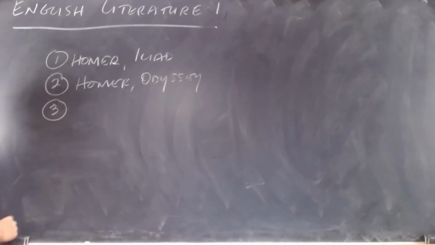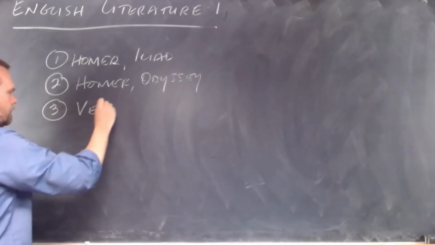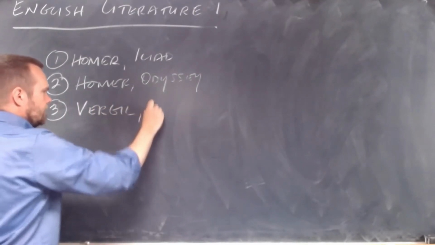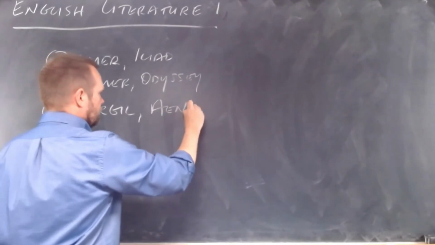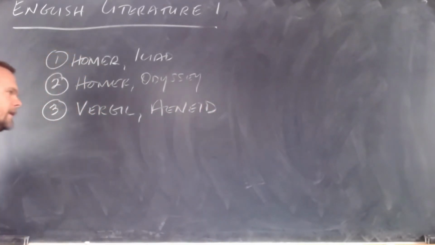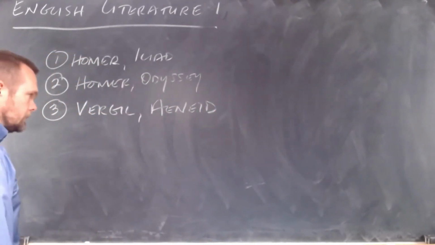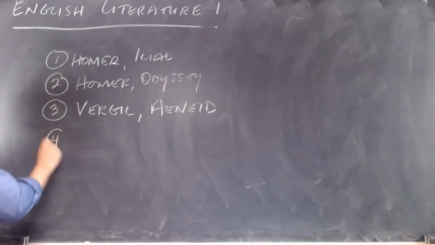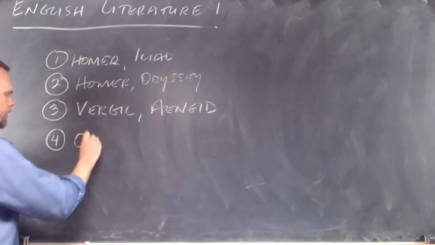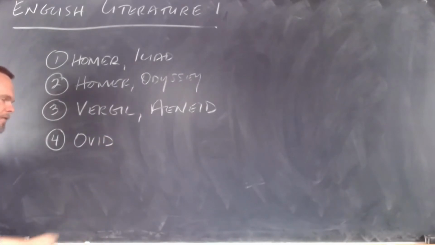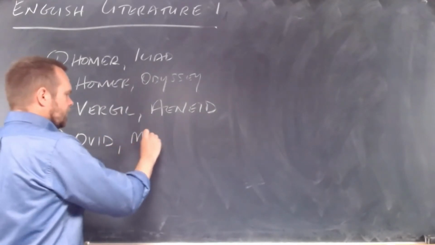The third book we're going to read is a Roman poem, Virgil's Aeneid. And the fourth book we're going to read is a book by a Roman poet named Ovid that's titled Metamorphoses.